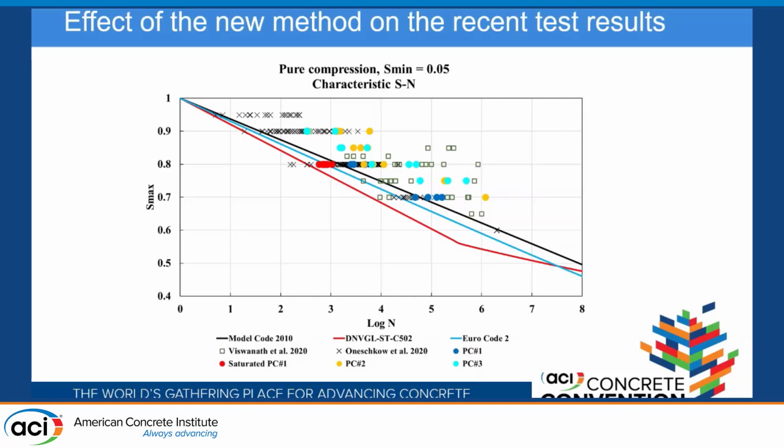You see the broad range of results. They assumed the average strengths, and based on that, defined the loading. We did 3 different concretes, saturated and dry, with different strengths and different aggregate characteristics. With this recommended protocol, the range of results is much narrower, so it proved that our method is working.